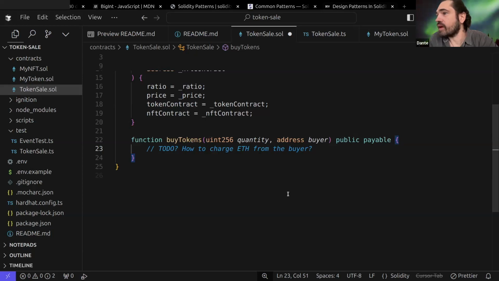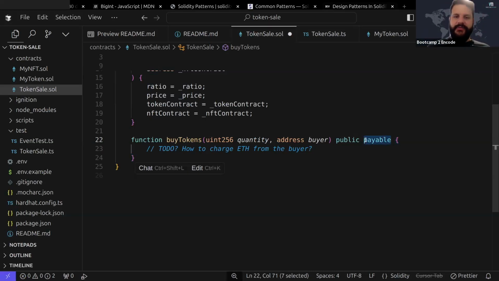If they're going to buy the ETH, we have to make sure that they have what it takes, right? Yes, this is correct. The person should have, like, if I'm saying 1 ETH, I should have 10 ETH for that. But do you all recall how the payable function would work from lesson 2, lesson 3?